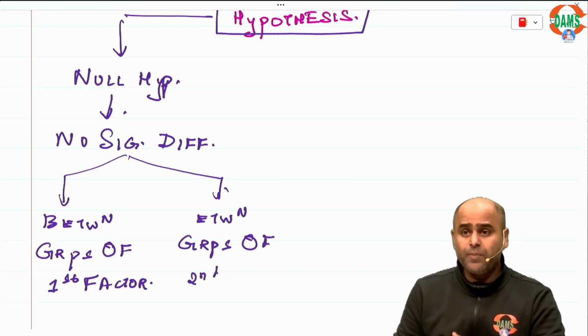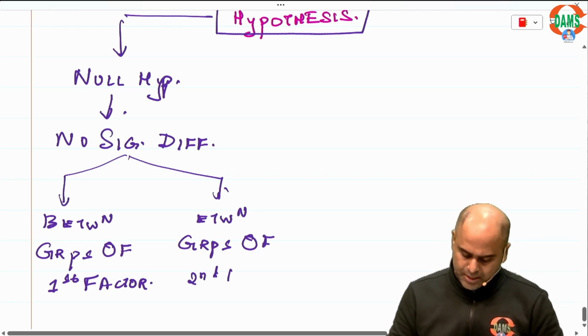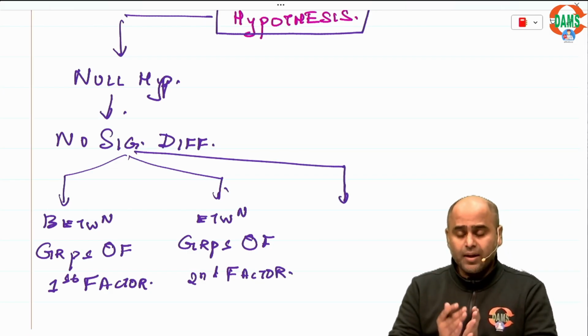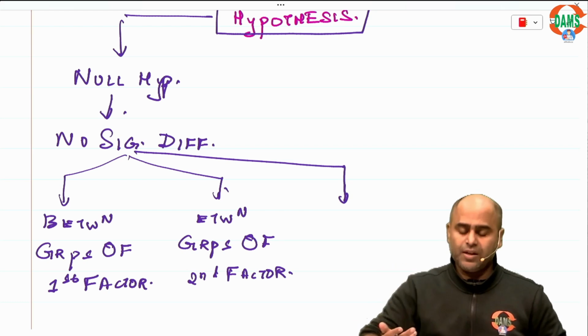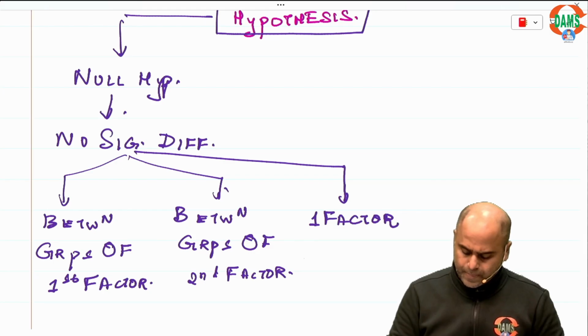Now suppose there would have been n factors, we would have n different null hypotheses. Also, that one factor has no effect on the other factor.